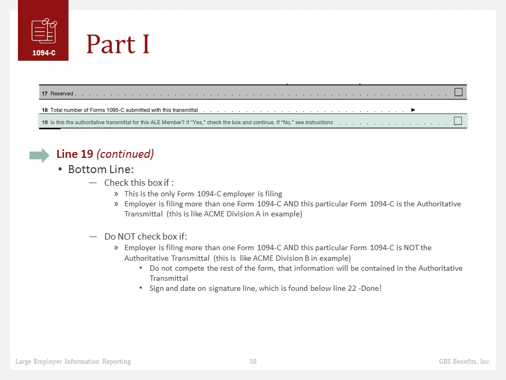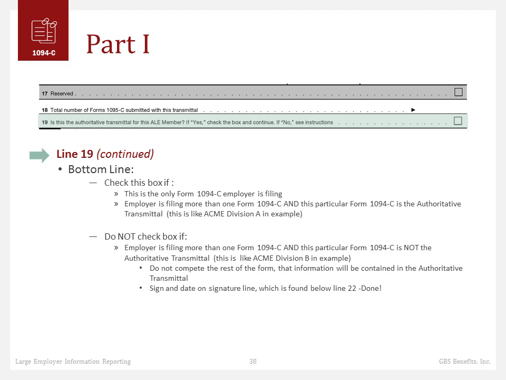So, bottom line for line 19, just in case you're still confused, you're going to check this box if you're only completing one Form 1094-C. Or you're going to check this box if you're filing more than one 1094-C and the one that you have in front of you that you're filling out is the authoritative transmittal. So that's a check.